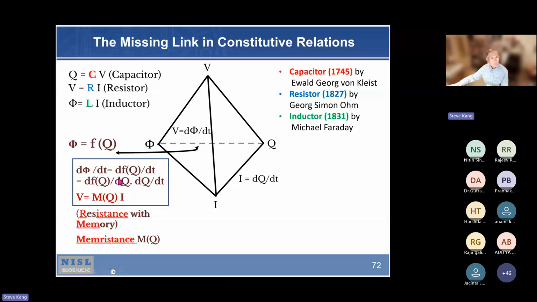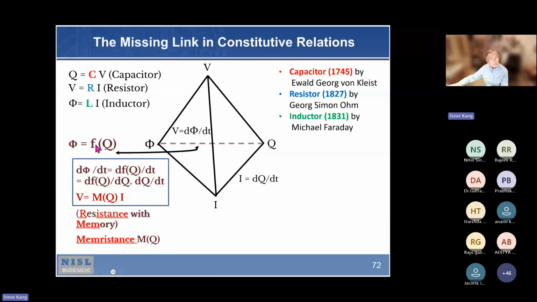So Leon said, well, if there is a relationship, maybe phi is a function of Q, in general a nonlinear function, but you cannot make any sense out of it. We are so familiar with the voltage and the current. On the other hand, voltage is a derivative of phi. So if you take a derivative on the left-hand side, you have d phi dt, which is v.